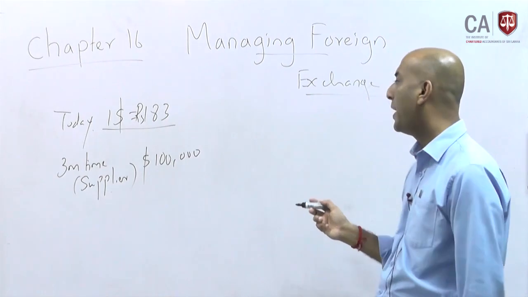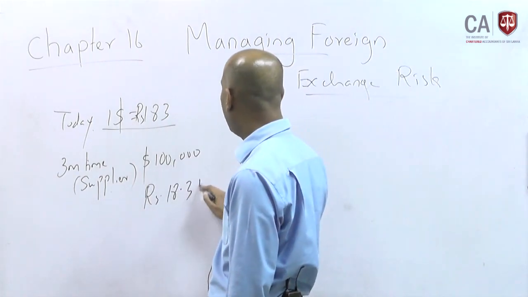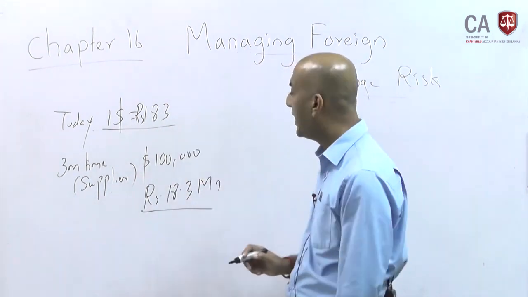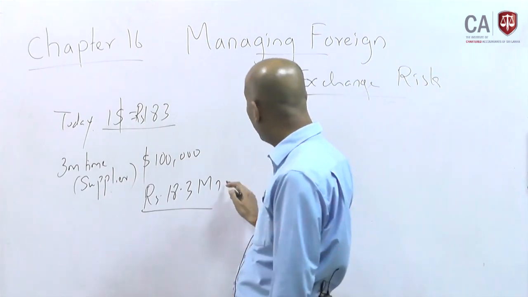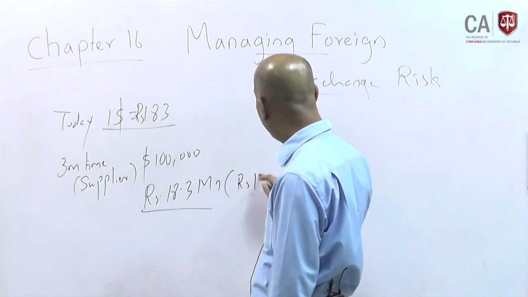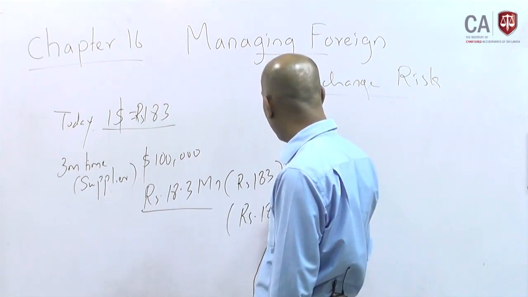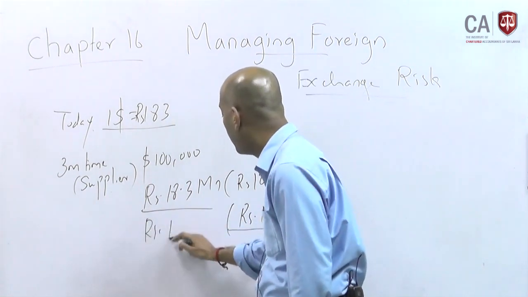So how much will you be paying? You will have to pay 18.3 million rupees in 3 months' time at the rate of 183, if the rate is the same in 3 months. But if the actual rate in 3 months is 185, then you pay 18.5 million.